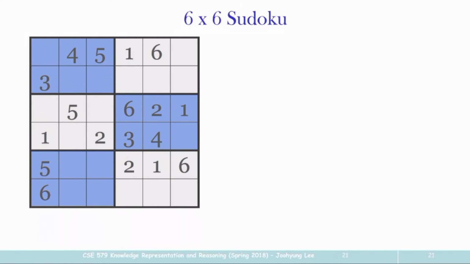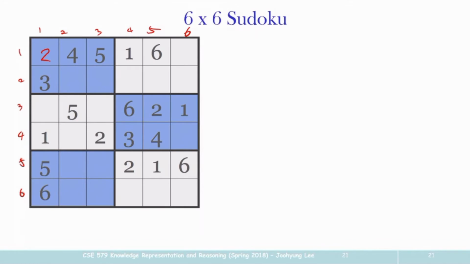1, 1 must be 2. That's above the 3 and next to the 4. So yes, let me give the row number and the column number. Pema is saying this should be 2. Why? Because 2 is not going to violate the vertical column, and 2 is not going to violate the right-hand column.